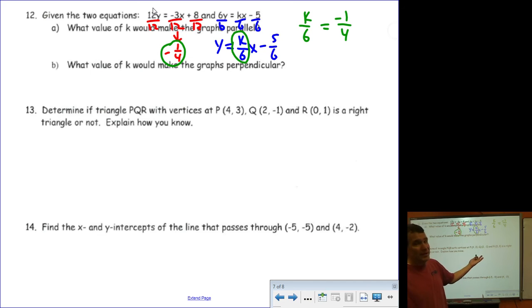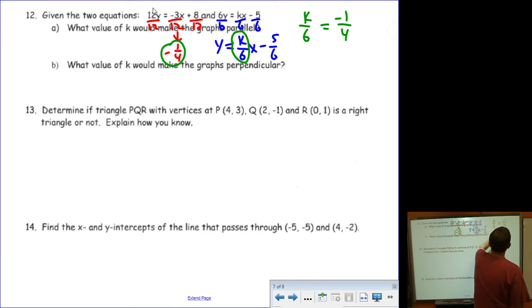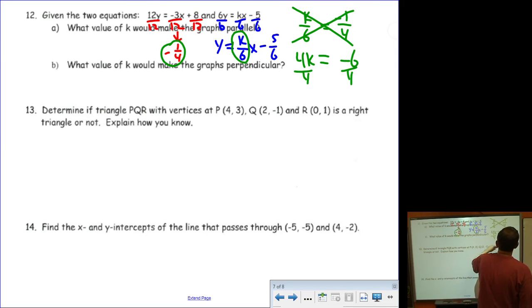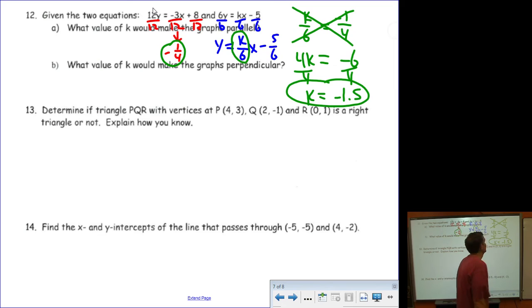Well, one way to solve that would be to recognize it's a proportion. It's a fraction equal to a fraction. And I can solve it by doing the cross products, right? So this would be k times 4 equals 6 times negative 1. Or if I divide by 4, I get k equals negative 1.5. So if k equaled negative 1.5, those lines would be parallel.